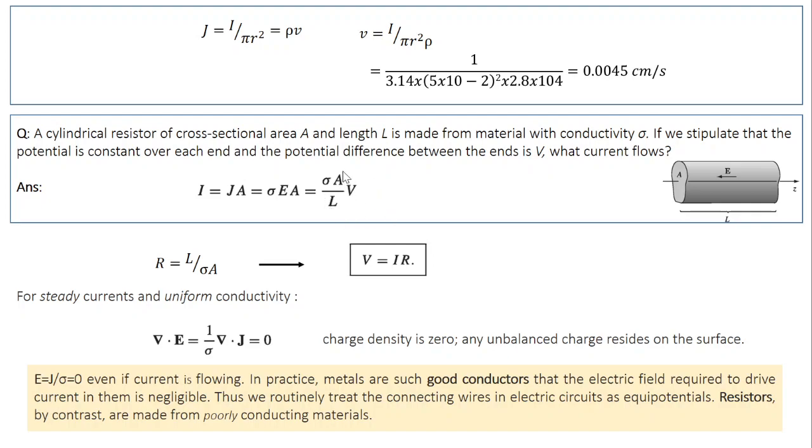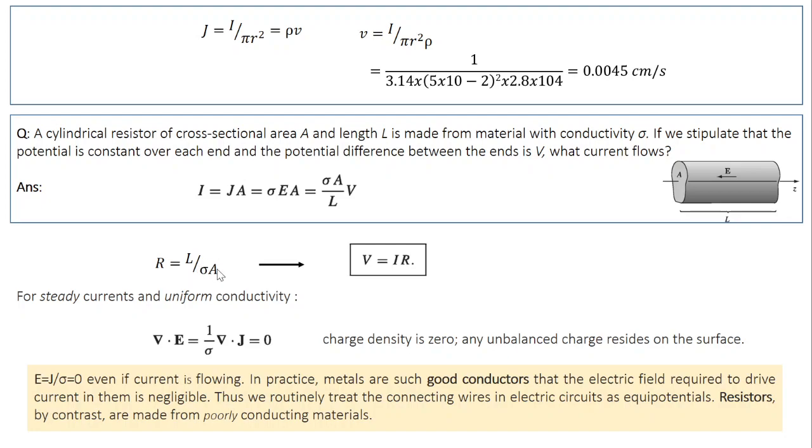Let's have a closer look at this term sigma A by L, or take the inverse of that, L by sigma A. So 1 by sigma is resistivity, whose unit is ohm meter. Then you have L by A. So this is meter per meter squared, which gives you 1 by meter.